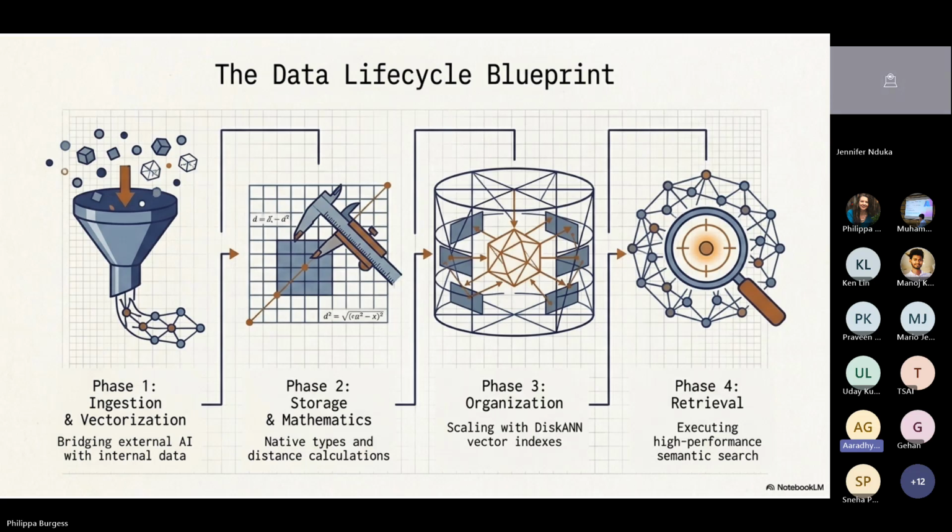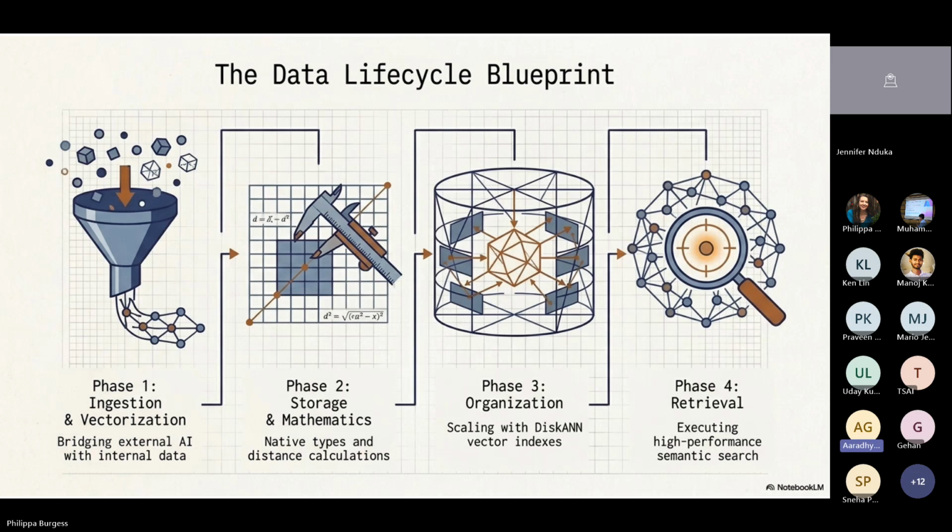When raw unstructured text such as internal documentation, support tickets, or product reviews enters our system, it is immediately routed through our registered external models using T-SQL. This ensures that every piece of incoming data is instantly paired with its mathematical meaning at the point of entry.